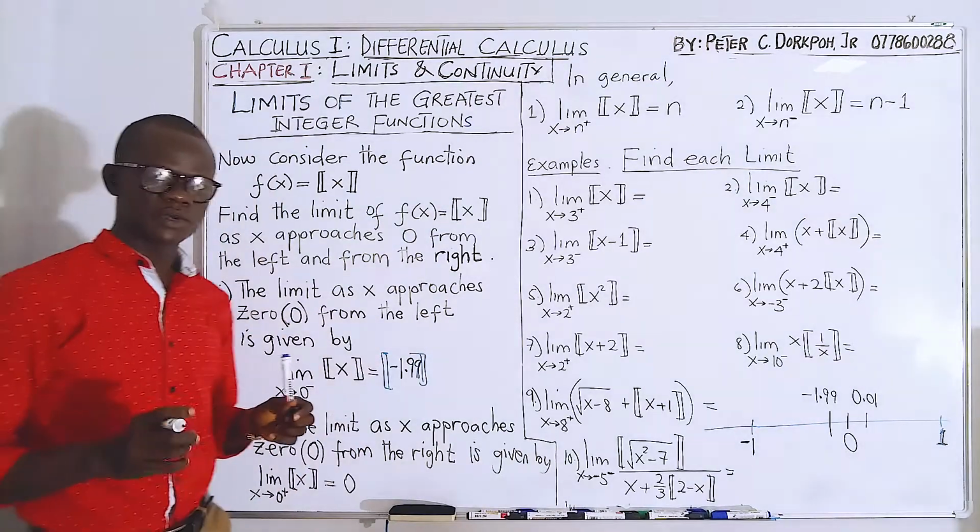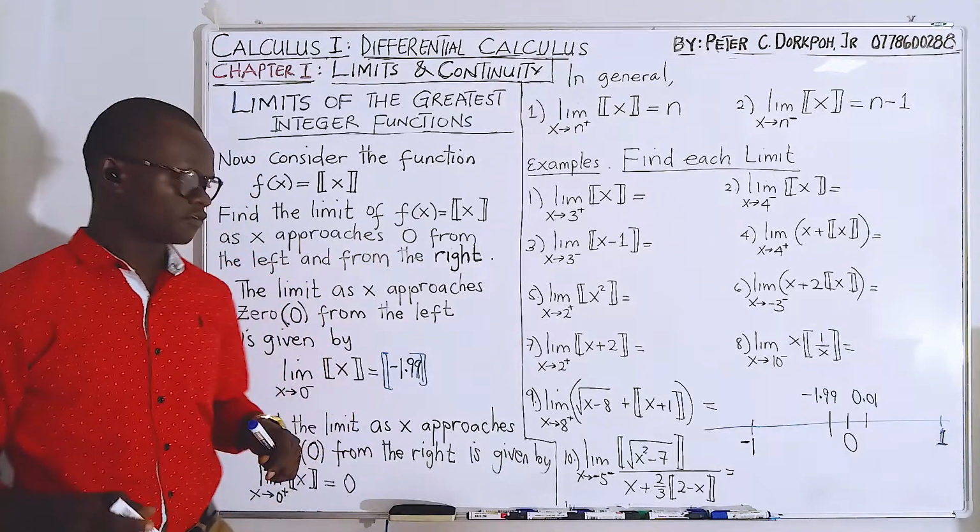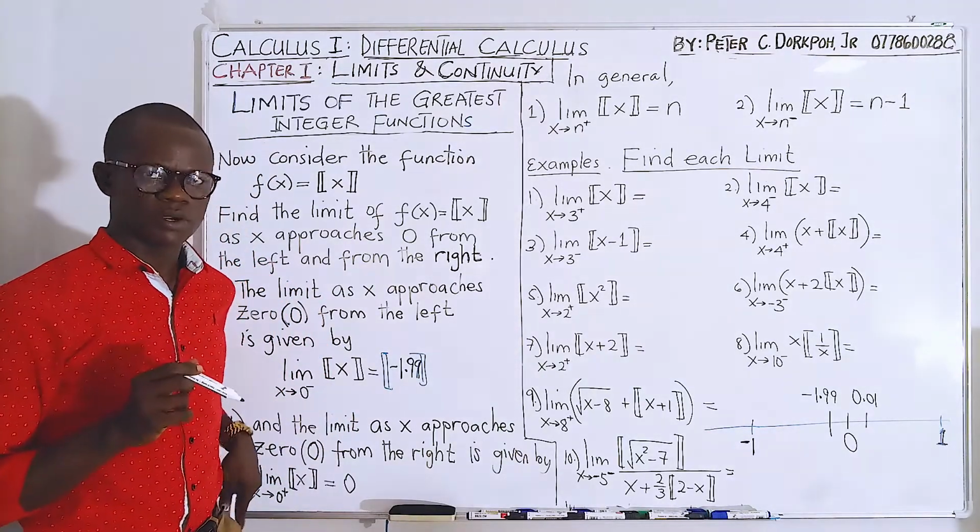So what is the greatest integer function of a negative number?